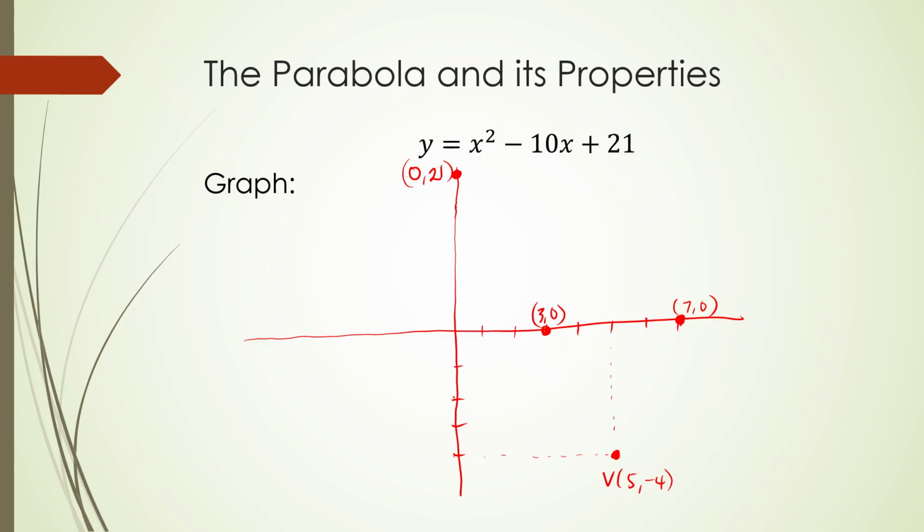You have to start drawing the parabola from the leftmost point. So the point here is 0, 21, then go down to 3, 0, then curve it upward, then go to the right part and extend. So here is the graph of y is equal to x squared minus 10x plus 21.